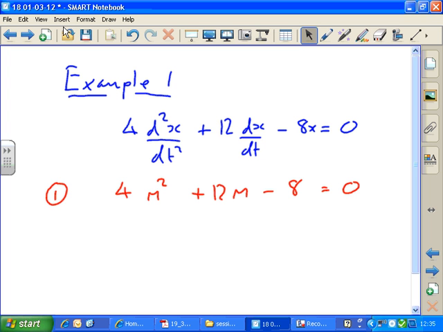All we need to do as an engineer is recognize what's going on. d2x by dt squared is replaced by m squared, dx by dt by m, and the x disappears in the last term, leaving, hopefully, a familiar form, a quadratic equation that just needs solving. So that's step 1 done, we form the auxiliary equation. Step 2, solve.